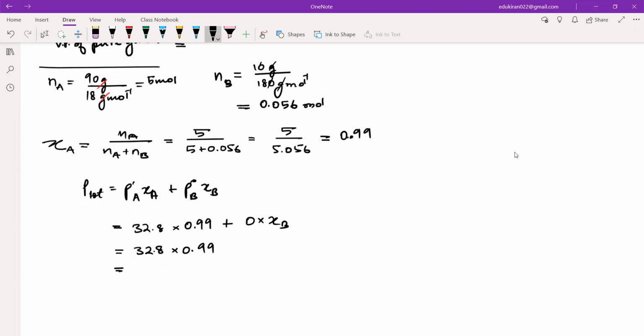So this will be equal to 32.47 mm of Hg. This will be the total pressure.